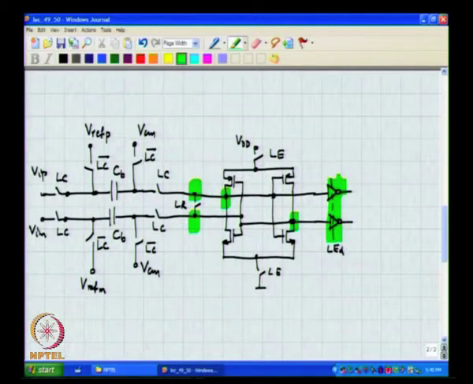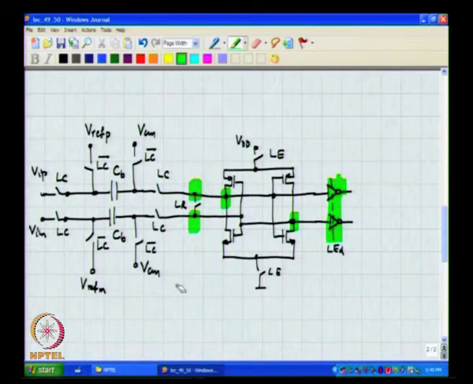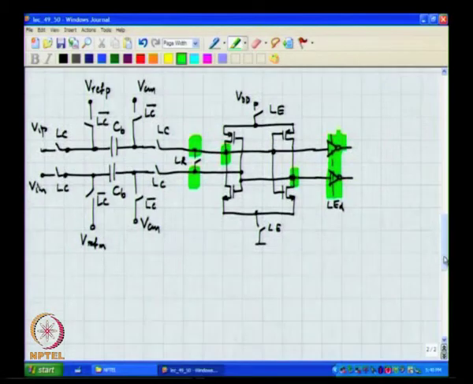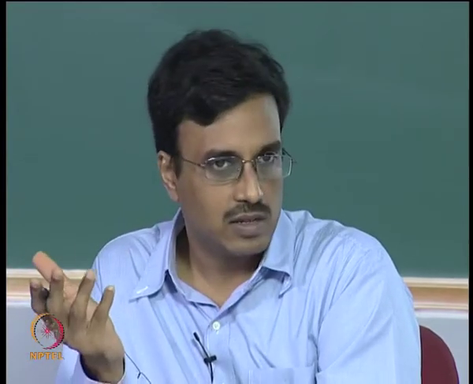Okay. In your assignment, I have given you another flavor of the latch, where again the input is subtracted using coupling capacitors, using a somewhat similar switching arrangement. Okay. Note, however, that we are still stuck with the offset due to the latch, okay.